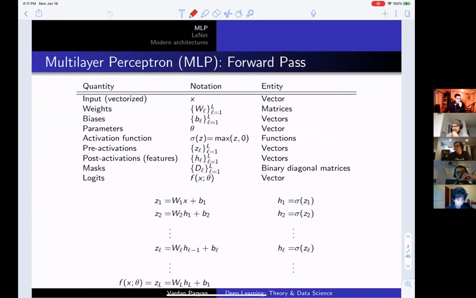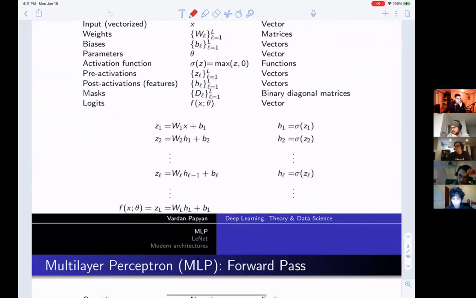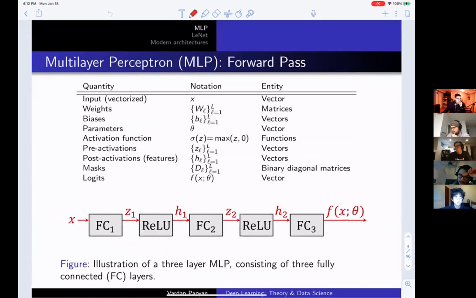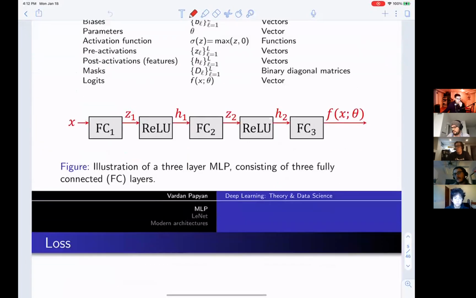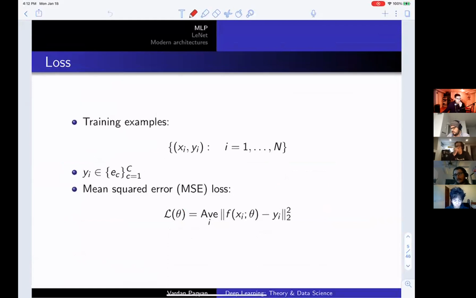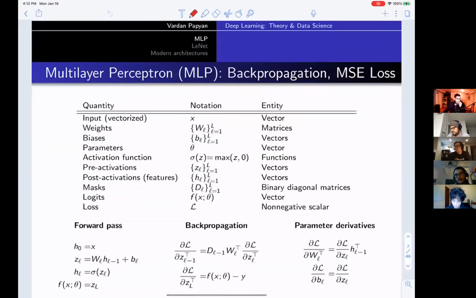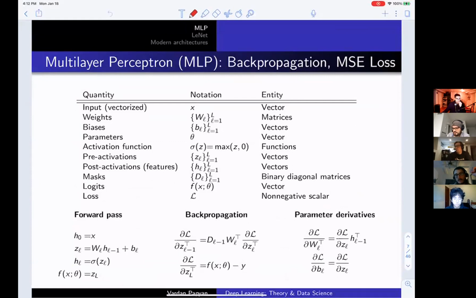So in the previous lecture, we talked about the multi-layer perceptron and about the forward pass and the backward pass. So this is the multi-layer perceptron. You have fully connected layers followed by a ReLU nonlinearity. And here are the equations, right? You start with X, which is your vectorized input.